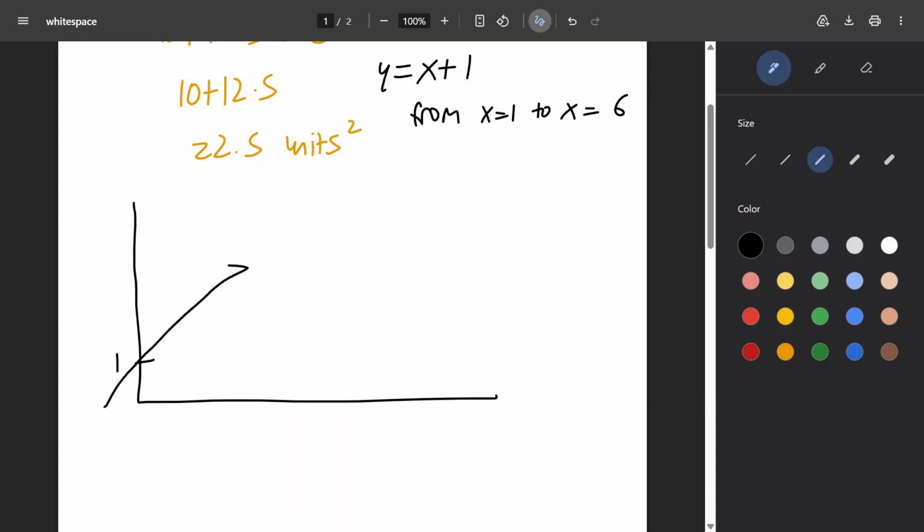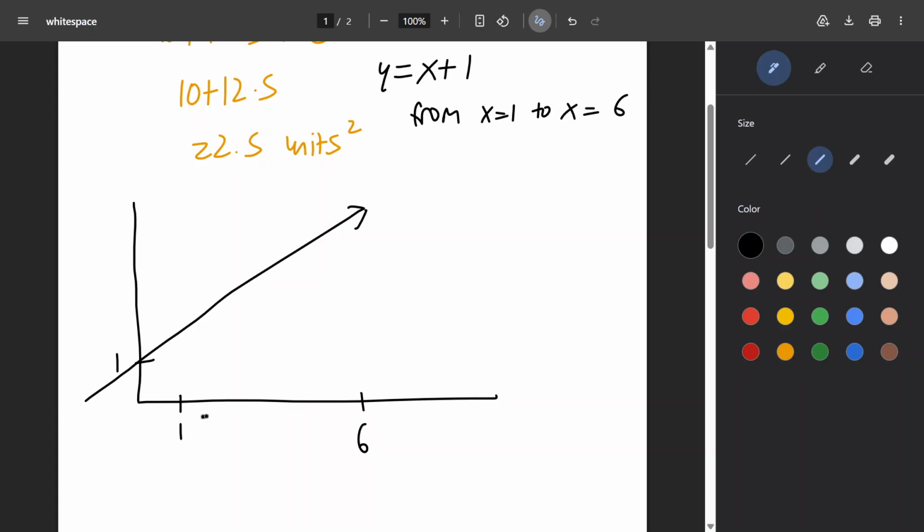So there's the y-intercept. We're going from x equals 1, sorry, this should say, we'll put 1 right here, 1 to 6.